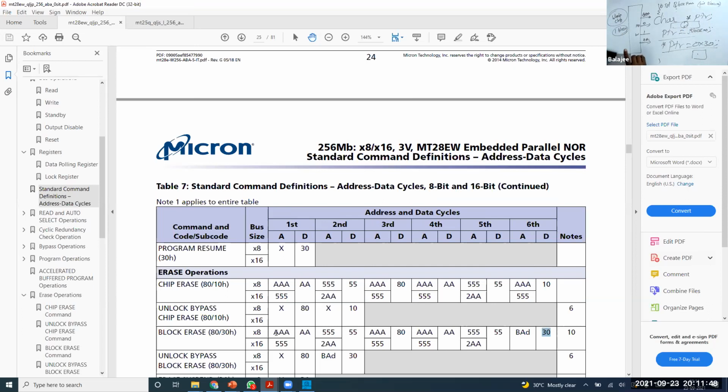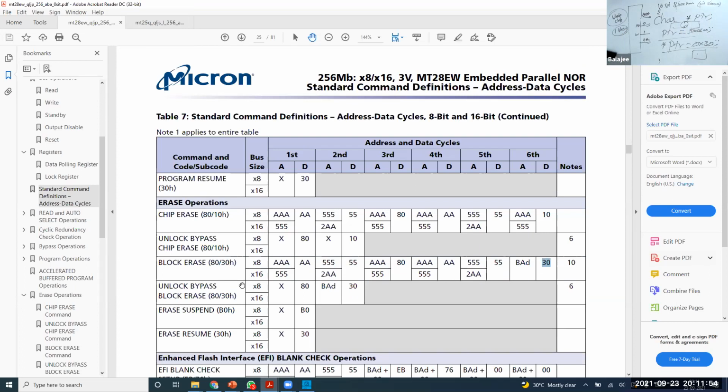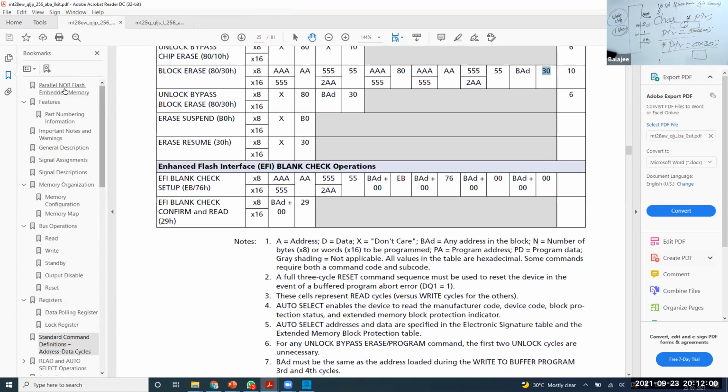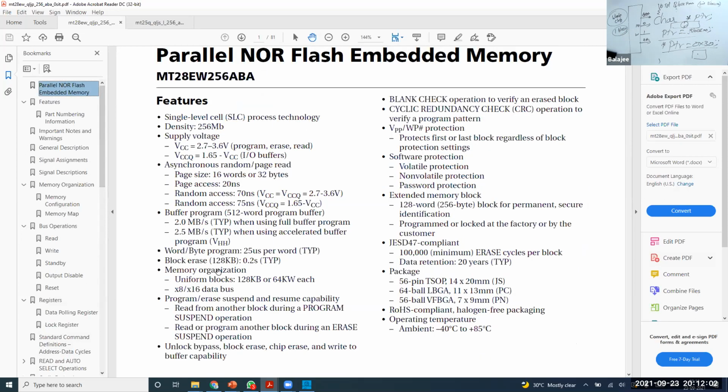But the problem is, after doing the operation, you're supposed to check the busy. That's the trick. If you don't check the busy, then, because I told you from the beginning, in the first chapter, they told you that block erase takes 0.2 seconds, typical. You don't know how much exactly; it's typically 0.2, it could be slightly here and there.